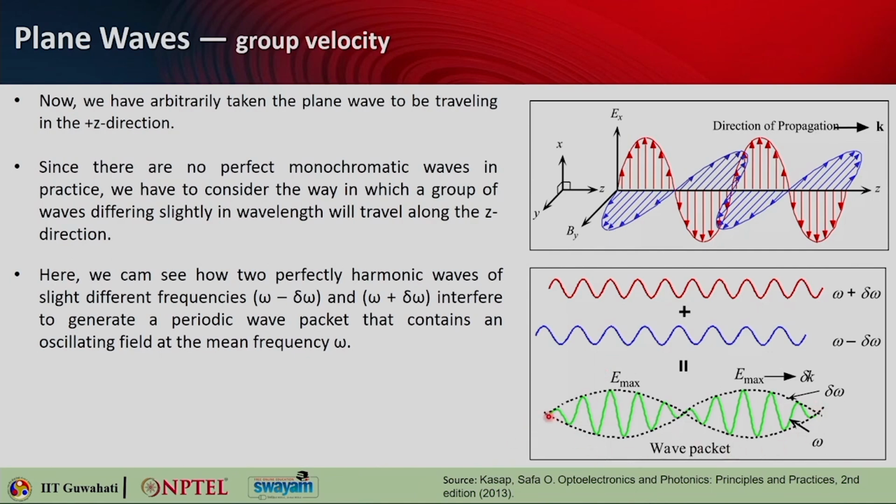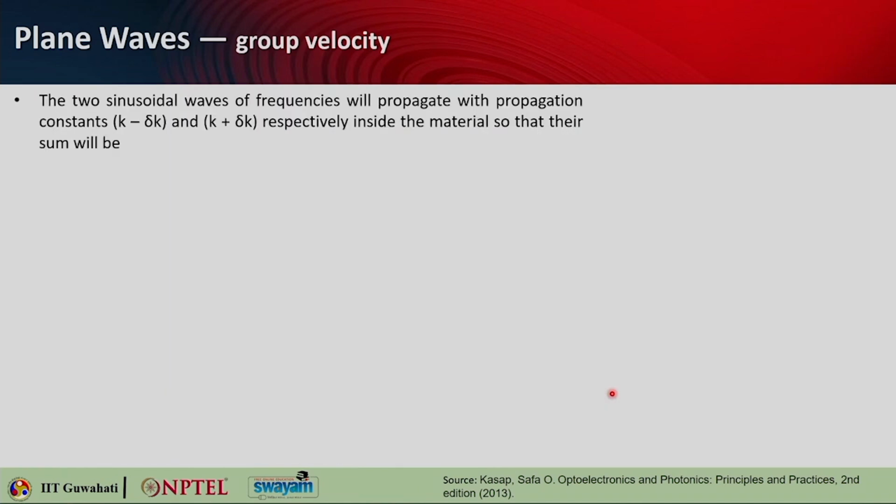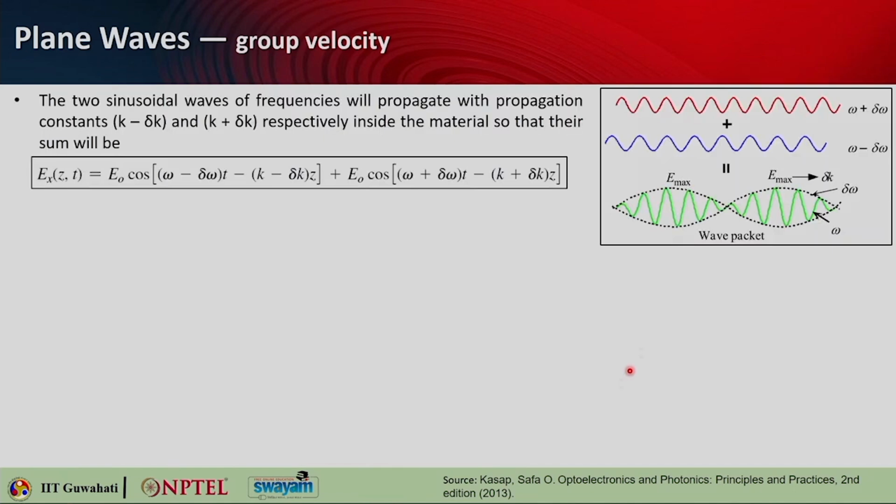So they actually create a wave packet where the field inside is oscillating at a frequency of omega. Because it's a group or a packet, we are interested in the speed at which this packet itself is traveling, and to determine this velocity, you must focus on the maximum electric field here.